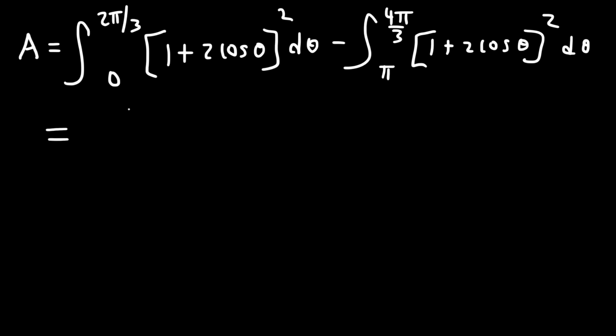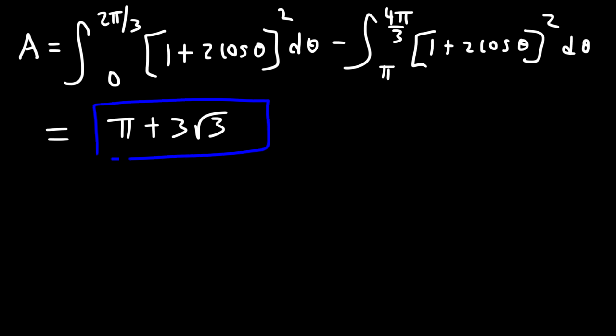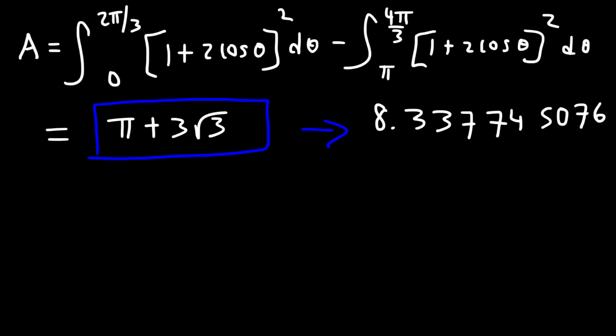And this will give us the answer, which is pi plus 3 square root 3. And if you want the decimal value of that answer, it's approximately 8.337745076.